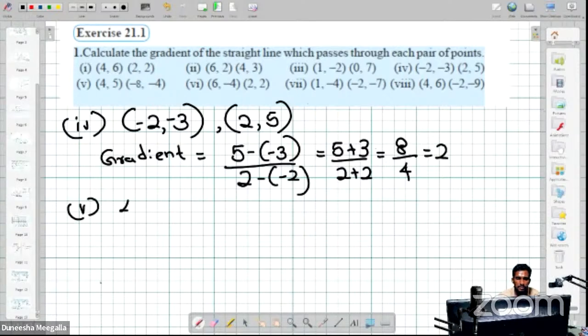Fifth one is 4 comma 5, minus 8 comma minus 4. Gradient.